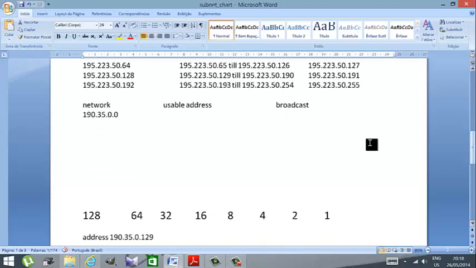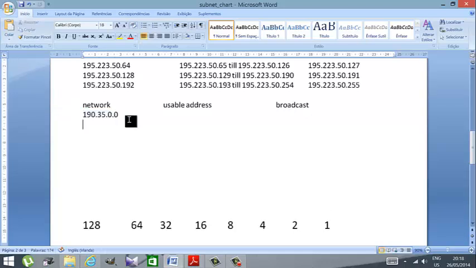So I have here already our address that we are working with. So the next one is gonna be 19.35.0.64, and we have to keep adding until we get 15 addresses.